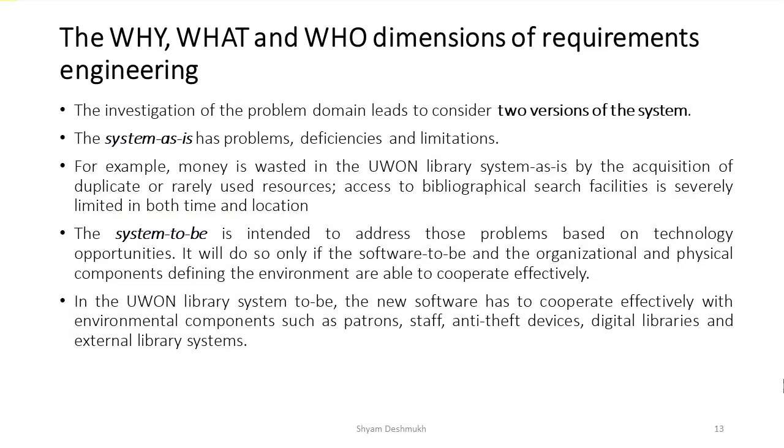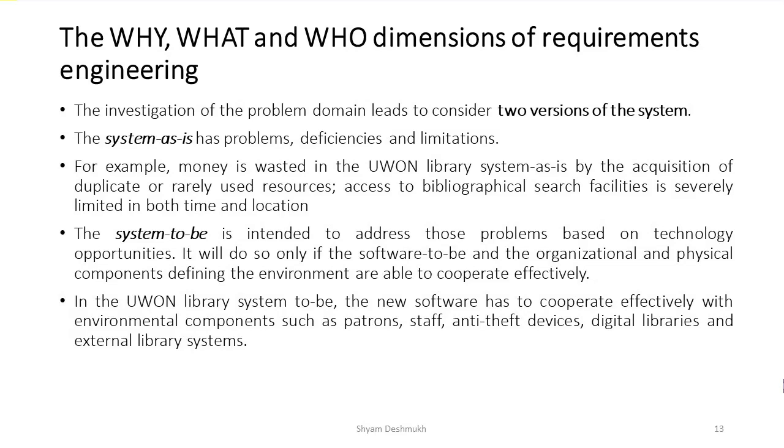The system as is has problems, deficiencies, and limitations. In the case of the Eon library system as is, money is wasted by the acquisition of duplicate or rarely used resources. Access to bibliographical search facilities is severely limited in both time and location. The system to be is intended to address those problems based on technology opportunities.